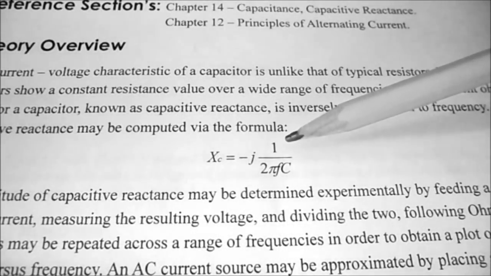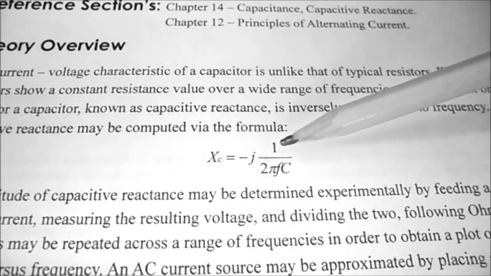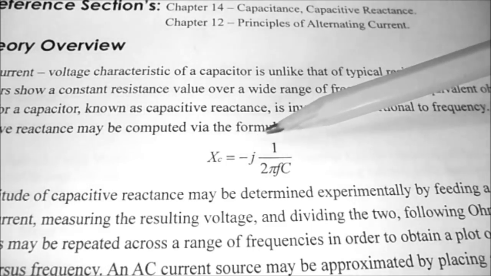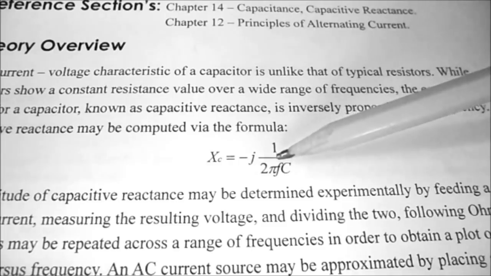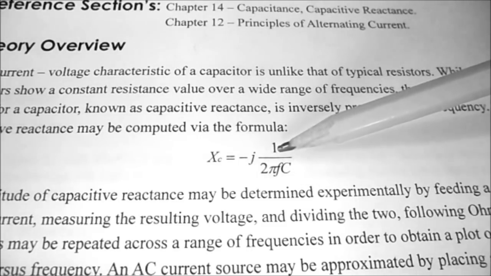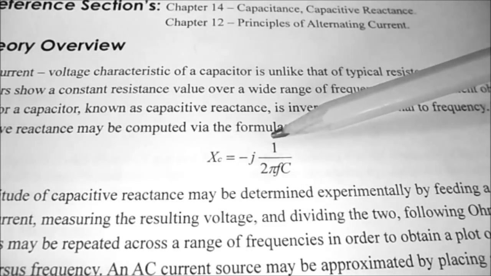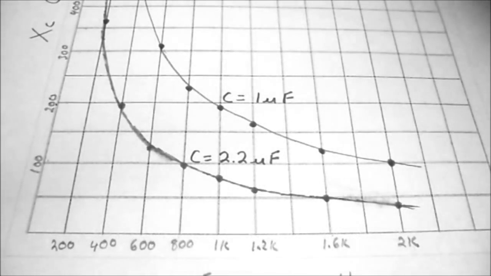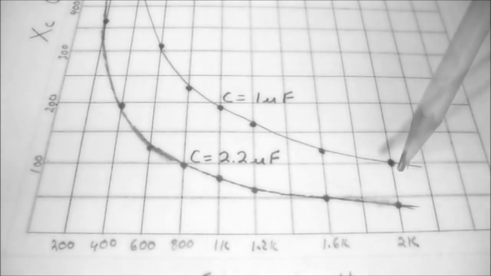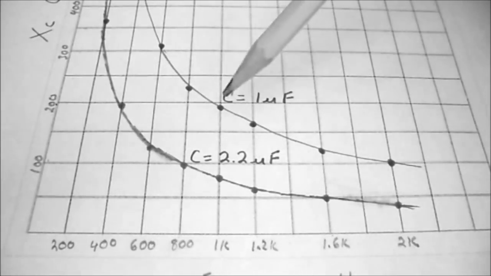When plotting your points, remember that the formula is XC is equal to 1 over 2 pi FC, so this is not going to be a linear relationship. It's going to be some kind of curve. When plotting my points, I realized that this was not going to be a straight line, so you have to sketch it in as you go along in parts and try to get a nice curve to it.